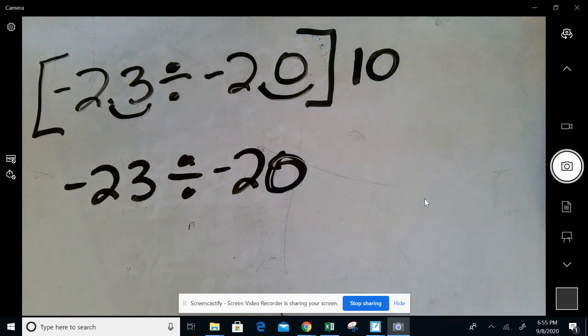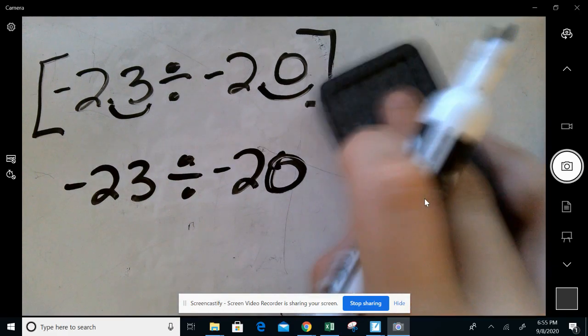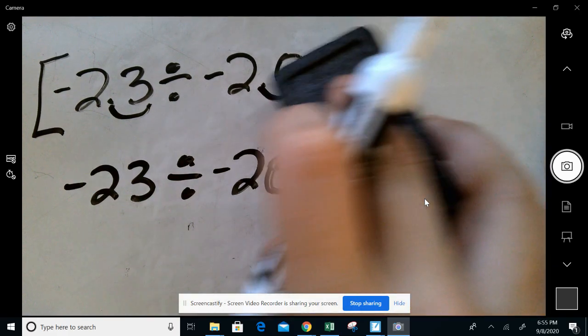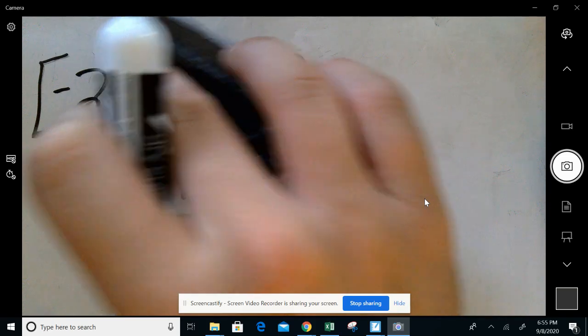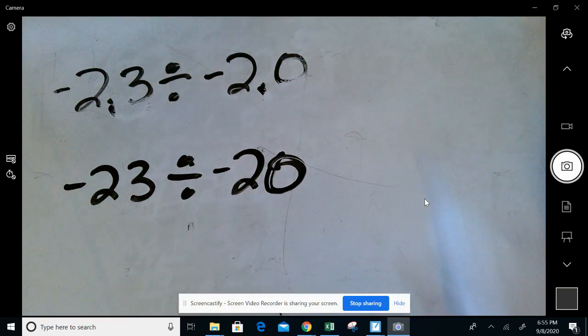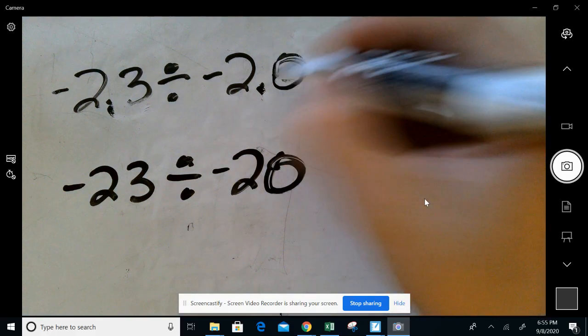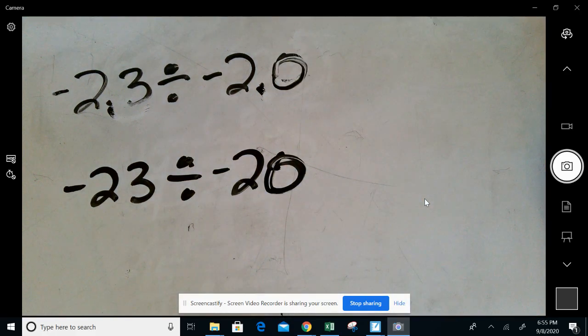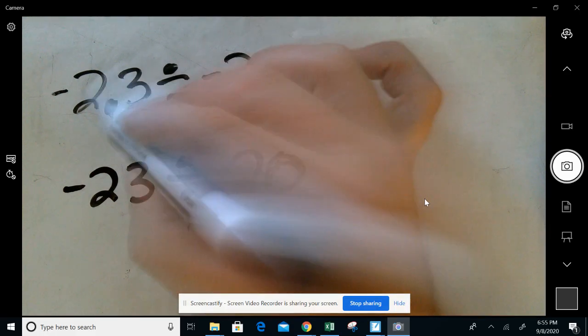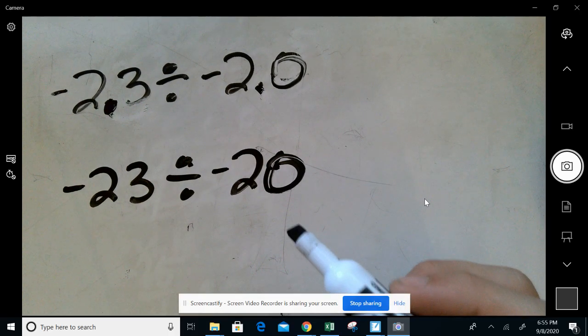It's the same problem. We just altered it in a way by multiplying by 10, but that's allowed. I'm just going to erase it so it looks a little cleaner. But yeah, it's the same problem. If you do something to the entire expression, it is okay. It remains the same. For multiplication and division, anyway.